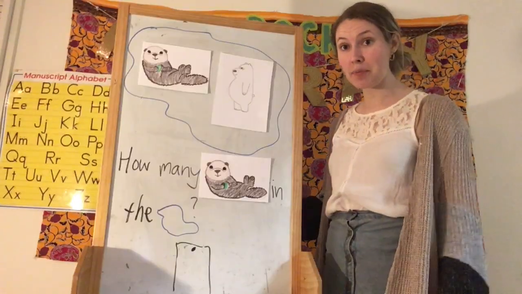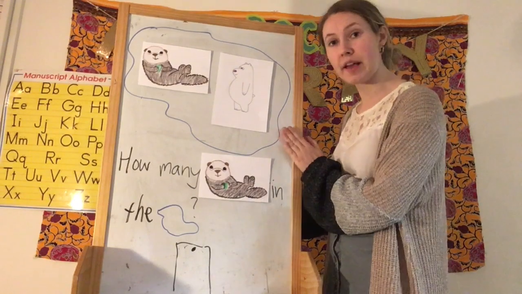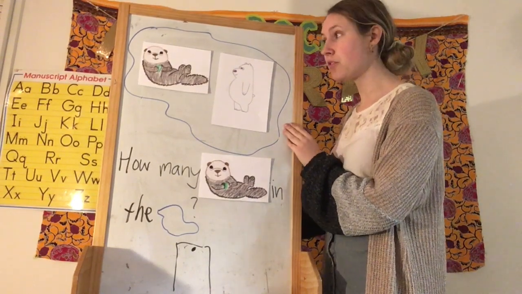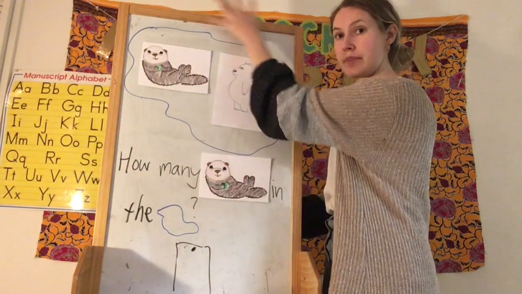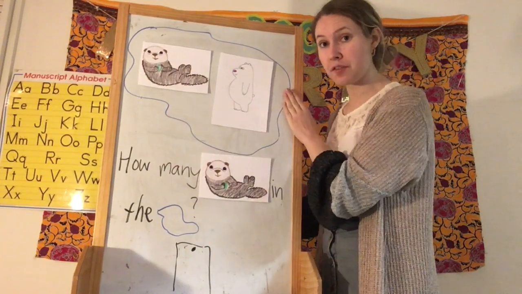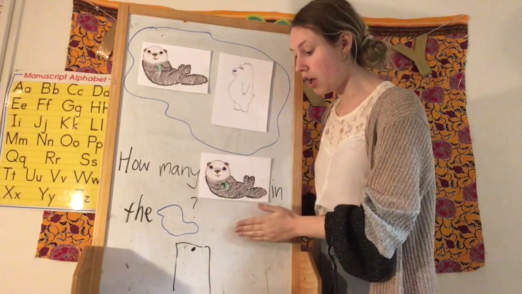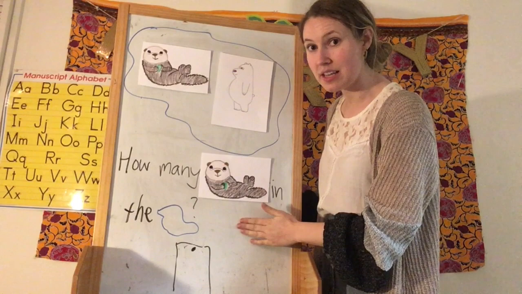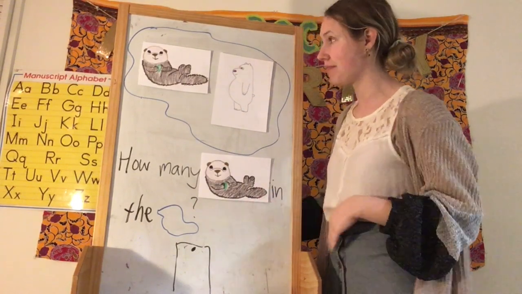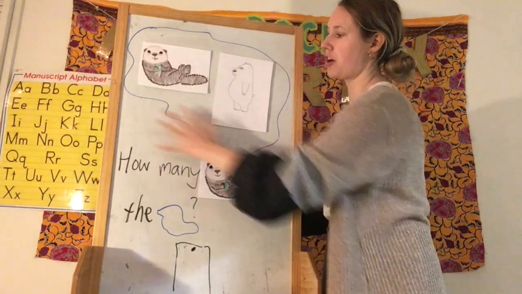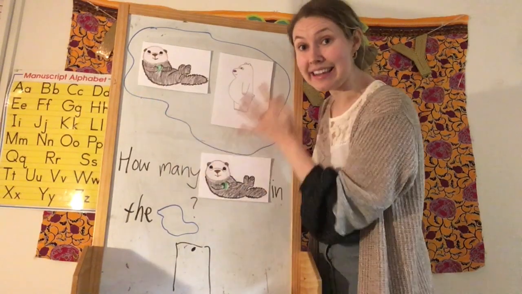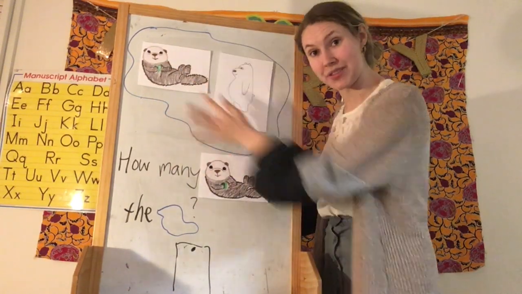Okay, so here's our problem here. We're going to call this a picture problem because we have a picture here and we need to use the information given to us to answer the how many question. So let's look at this picture. I see a lake and I see some animals in it.